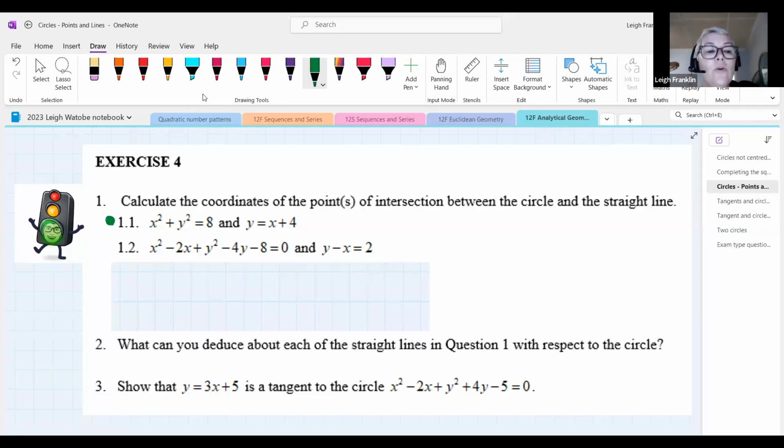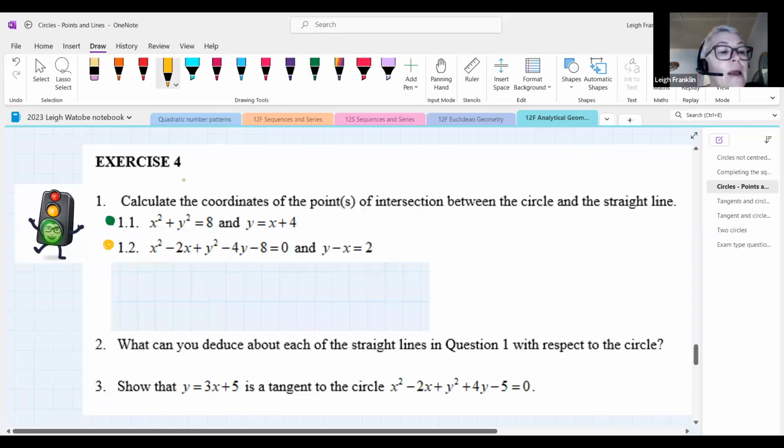In question 1.2, you first need to do something to this equation before you can sub it in over here. I'm just dropping some hints. So this one is going to get a yellow light. Either you're going to do question 1.1 or question 1.2.